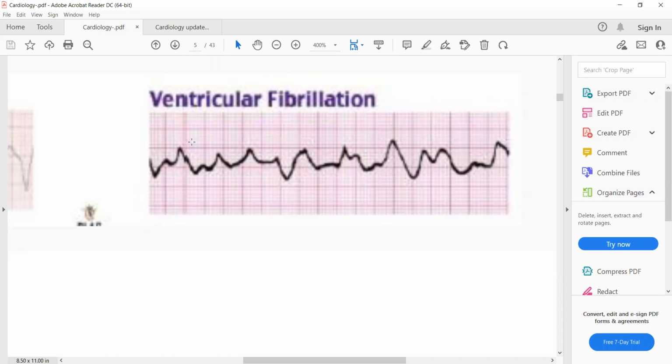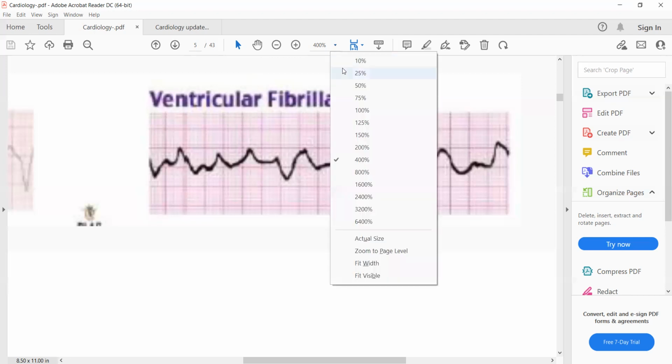There's this wave, then this wave, but you cannot tell which waves those are. If broad complexes are present on ECG, then it is ventricular tachycardia, and if there is no identifiable wave on ECG, then it is ventricular fibrillation.